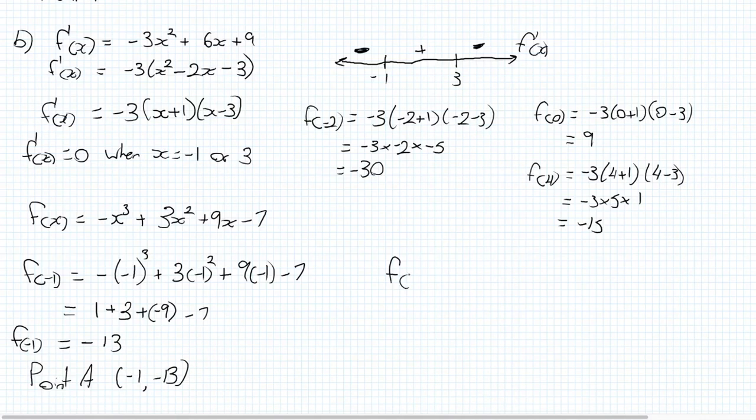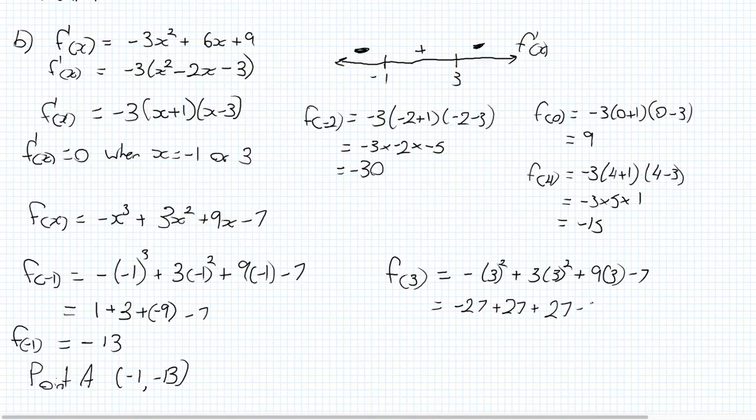Alright, let's look at point B, where x is equal to 3. So f of 3 is equal to minus 3 cubed plus 3 squared plus 9 times 3 take 7. 3 times 3 is 9, times 3 is 27, so we've got minus 27. 3 squared is 9, times 3 is plus 27, plus 9 times 3 is 27, take 7.